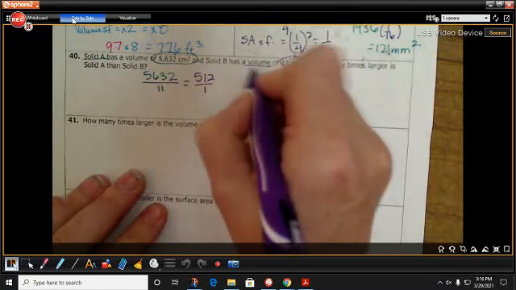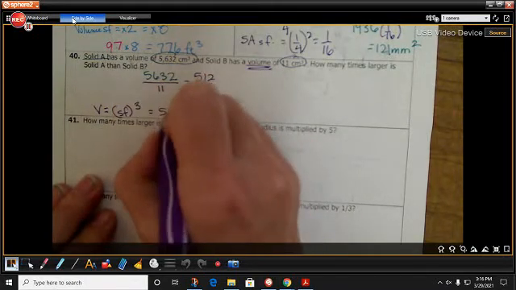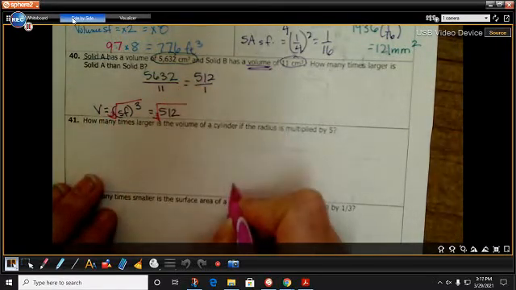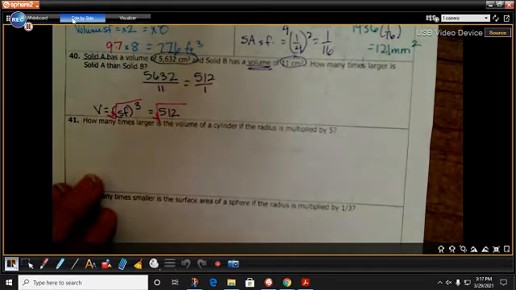But this is my volume scale factor. So my volume is always my original scale factor cubed. And so my volume scale factor, 512, is something cubed. And so to find that original scale factor, I'm going to cube root 512 to get back to my original linear scale factor.